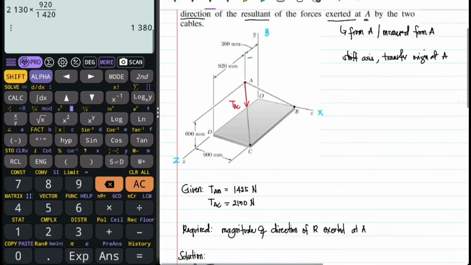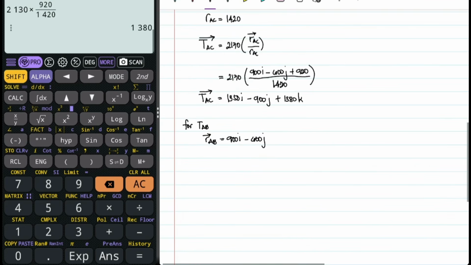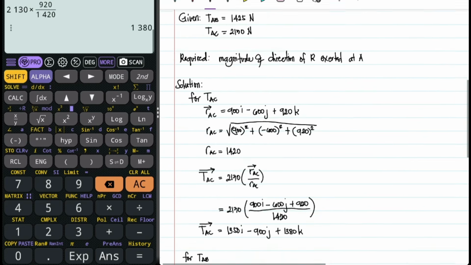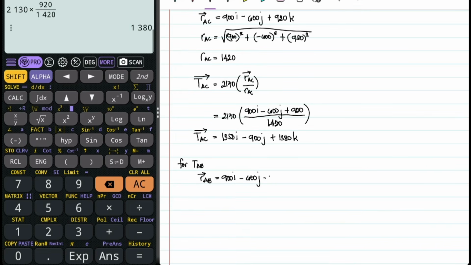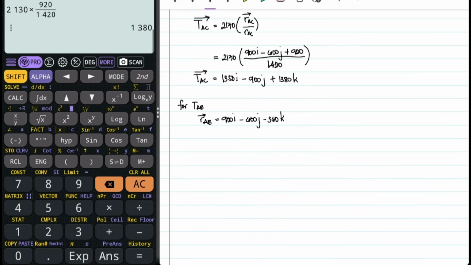For z, that's going backwards from point A, so that's negative 360k. Now we can solve for the magnitude. That's equal to the square root of 900 squared plus negative 600 squared plus negative 360 squared.